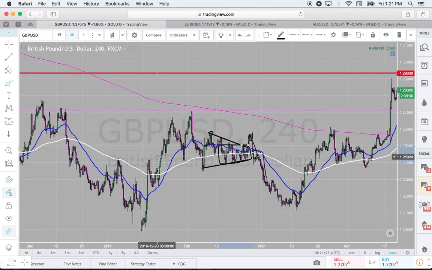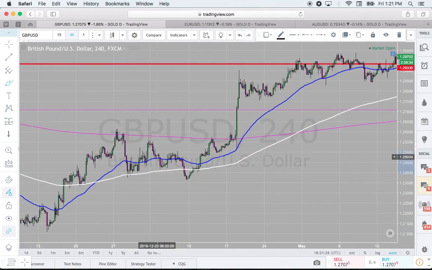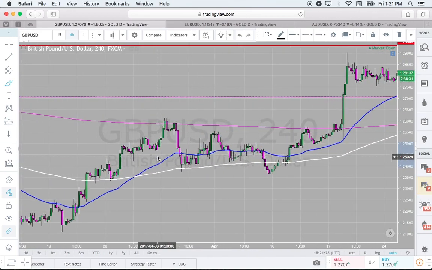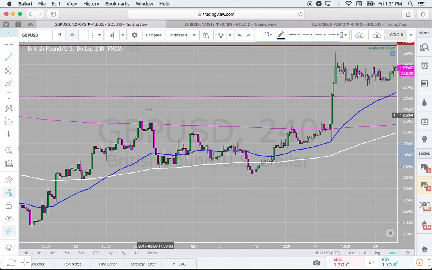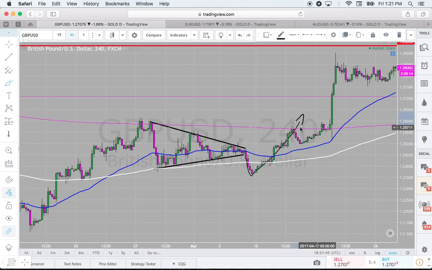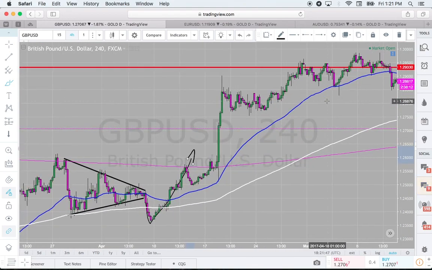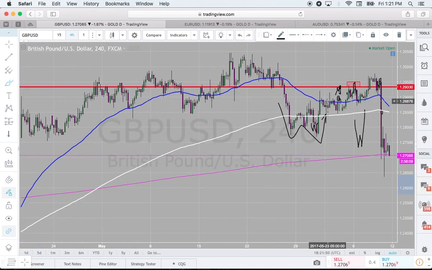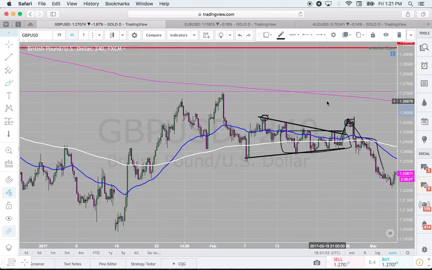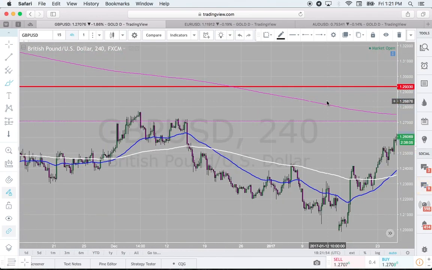So, I also believe we were going to talk about consolidation manipulation. Right here we have another wedge. A perfect example of how it broke out, showed any retail trader's profit, and then came up and hit any stop losses of the retail traders. The next, we were talking about consolidation and consolidation manipulation.